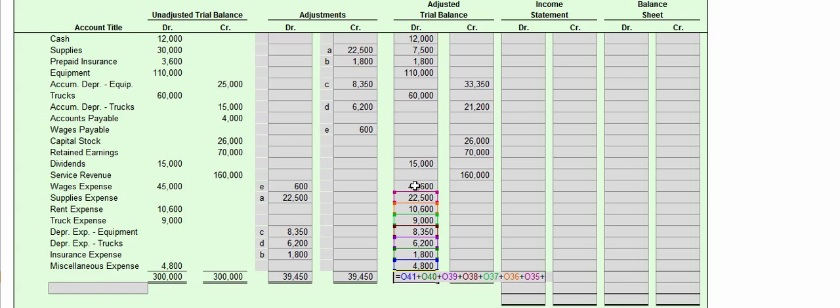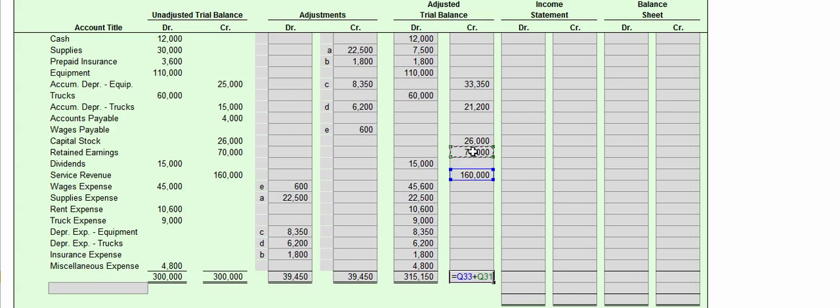But when it won't let me use the sum function, this is the best way I can figure out to do it. Either way, it doesn't matter how you do it as long as you add this column up. $315,150.